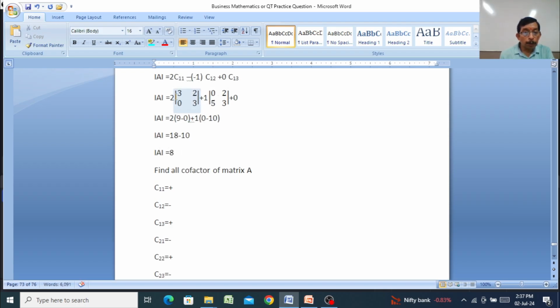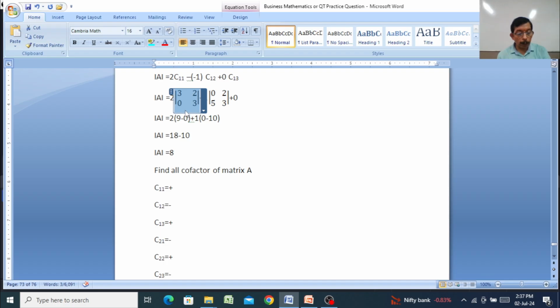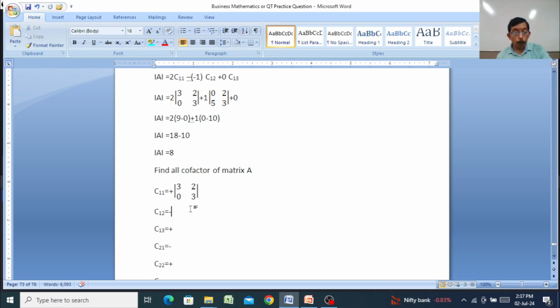Now C11 is the first row, first column element, cancel out. C12, first row, second column element, cancel out, and the remaining elements form the 2 by 2 determinant.